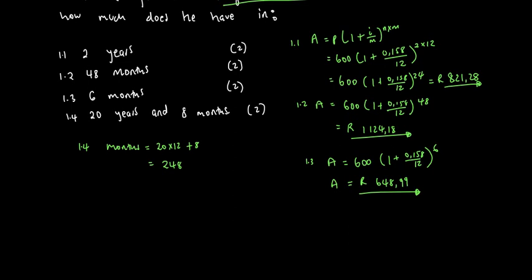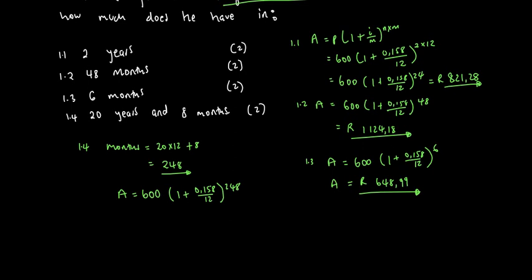Are we okay? Should we continue? I did it like that, so I said 600 in brackets 1 plus 0.158 divided by 12 to the power of 248.